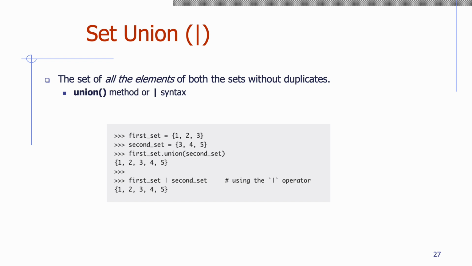If we apply the union method to the first set with the second set, we're going to have 1, 2, 3, 4, 5. As we have 3 in both sets, it's not duplicated in the output. Or we can apply this syntax to get the same output.